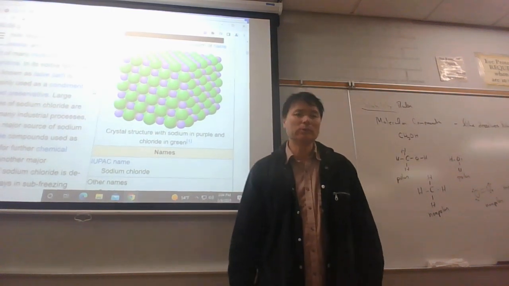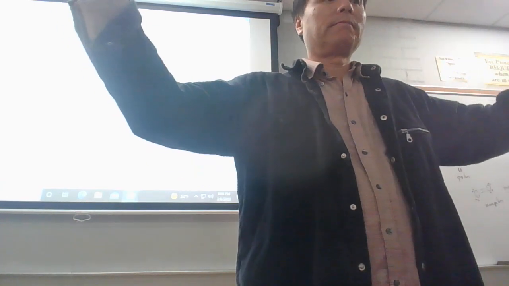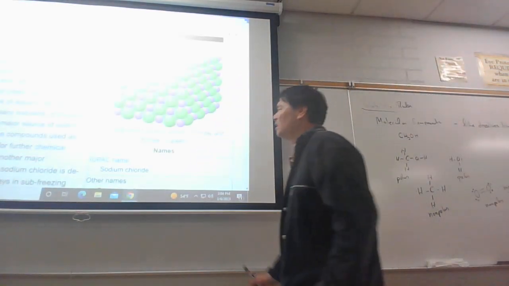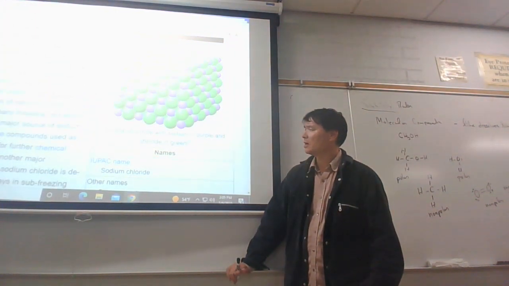There's a simple rule that you might try to remember: cations are smaller than anions. Anions are bigger. There are only a few exceptions. And so that's a rule. It's not a law. You know, a law has to be more stringent. So rules can have more exceptions.